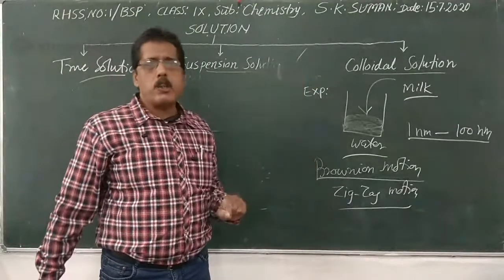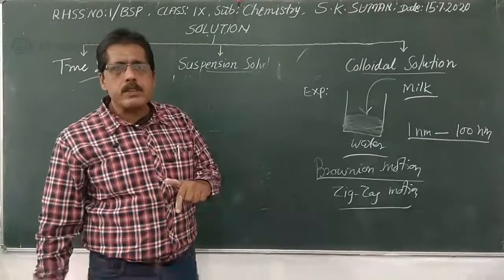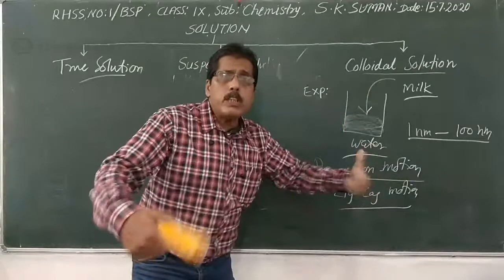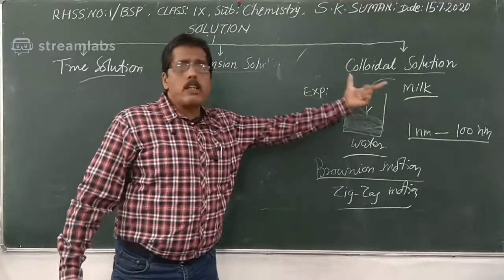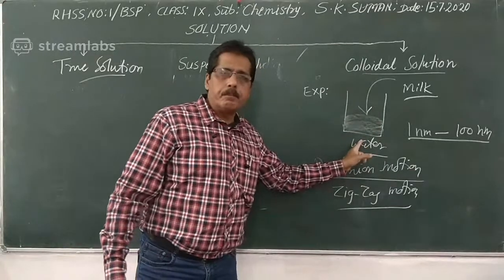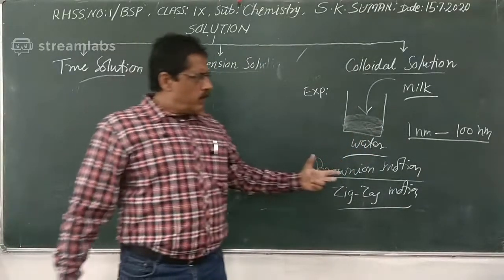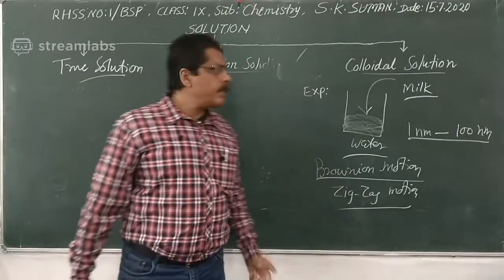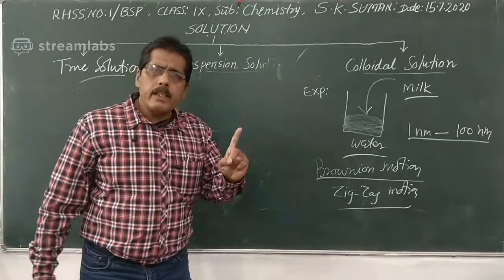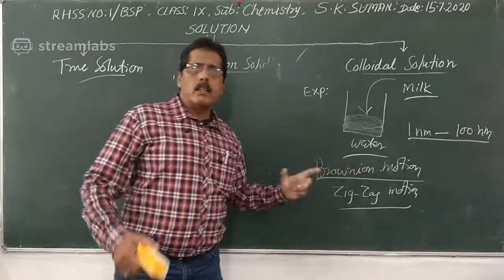Now let's discuss some other properties of this colloidal solution. One property was that the motion of the particle was zigzag motion, called Brownian motion, and this type of motion was not shown by the particles of suspension solution and the particles of true solution. That Brownian motion will only be shown by particles of colloidal solution.